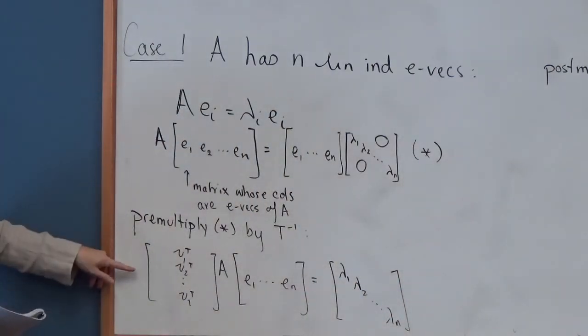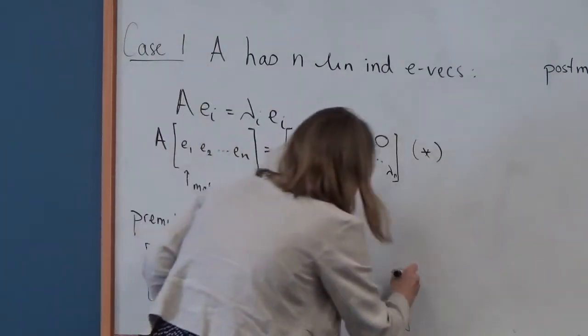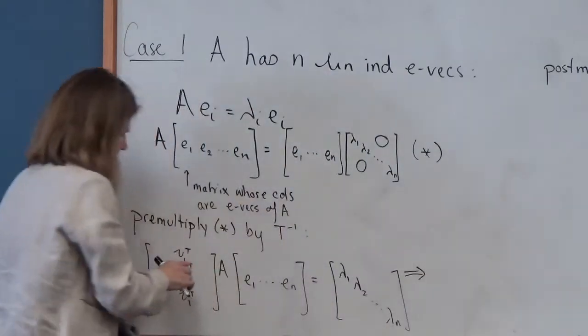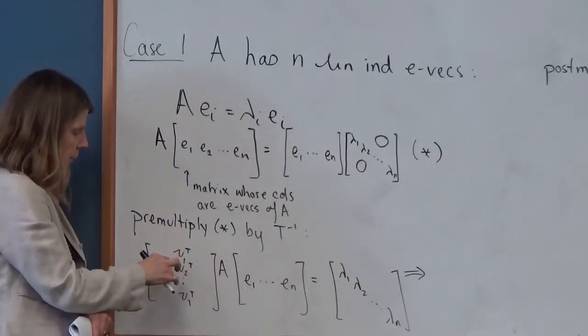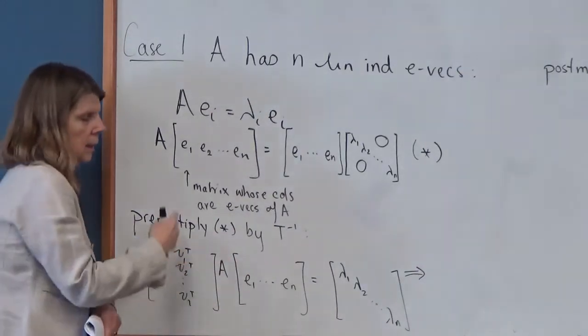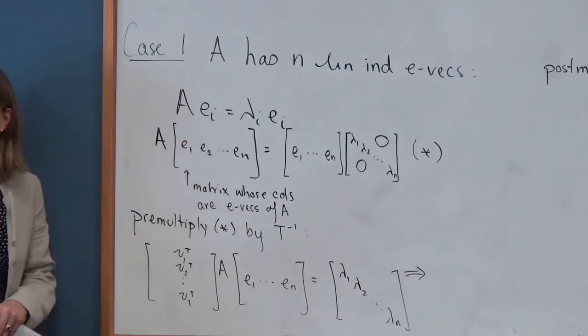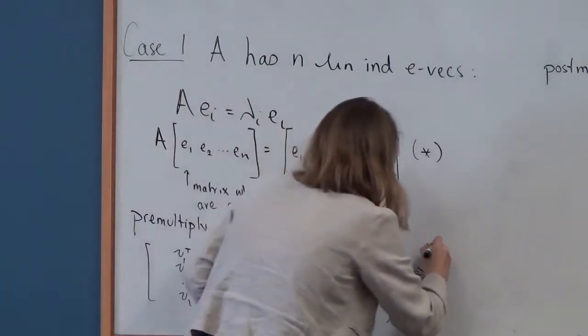This is probably more familiar too. The operation of finding an invertible matrix T, pre-multiplying by T inverse and post-multiplying by T, is called a similarity transform.